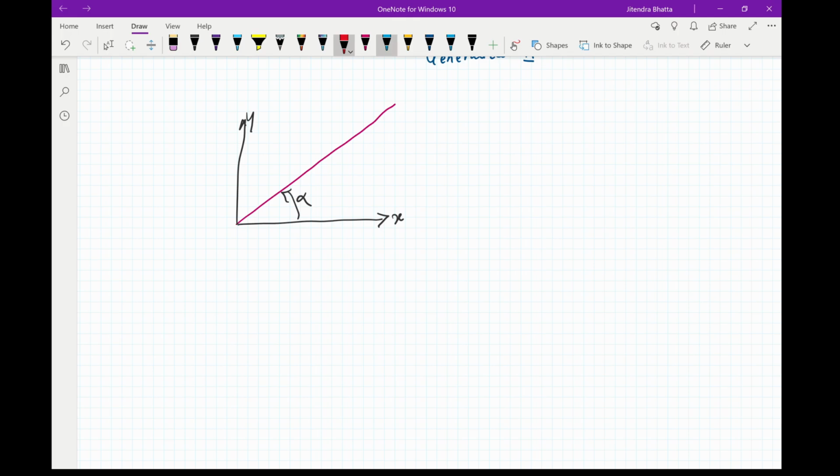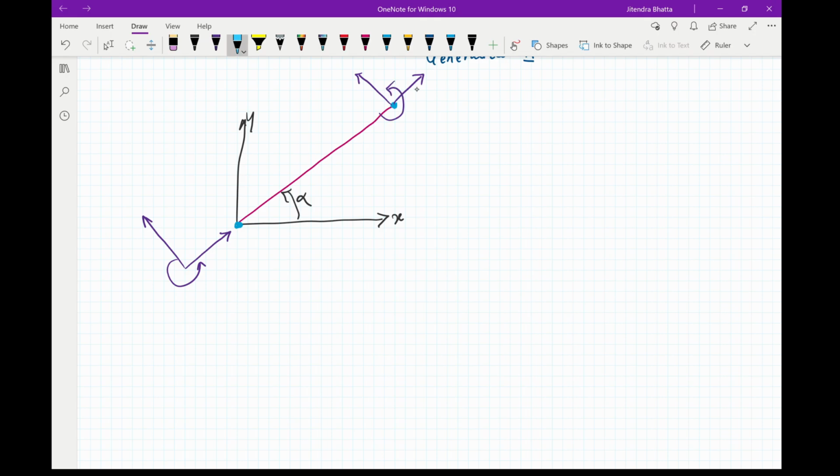Now in this case, the frame will have degree of freedom in this direction, in this direction, and this direction. It will have degree of freedom in this direction, in this direction, and in this direction.